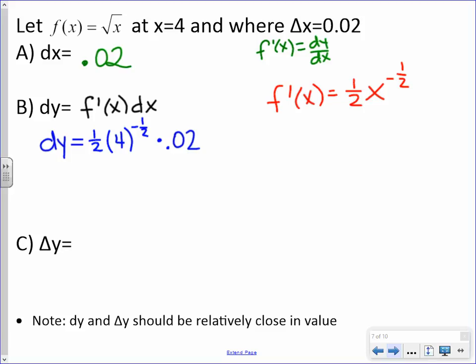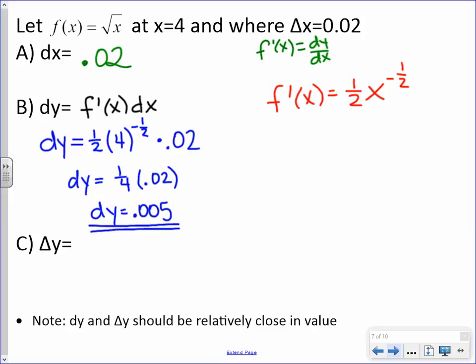So 1/2 times 4 to the negative 1/2 is 1/4, multiplied by 2 100ths is 0.005. That is our dy.